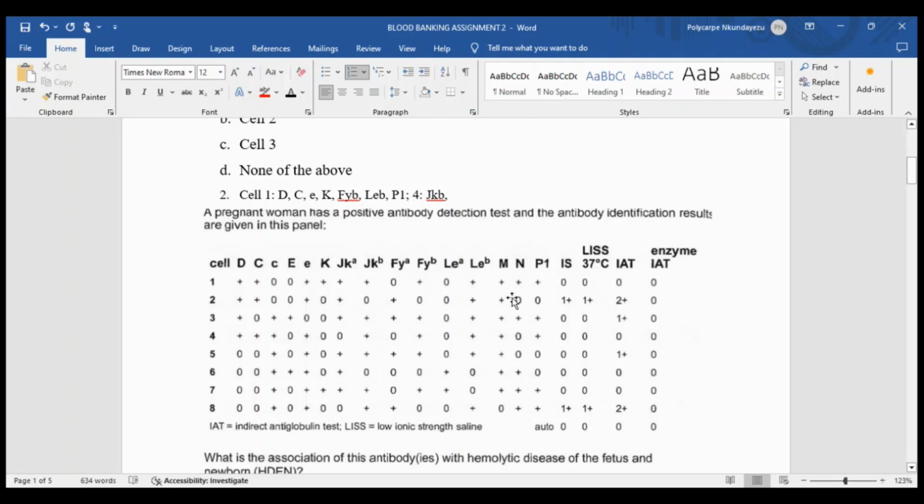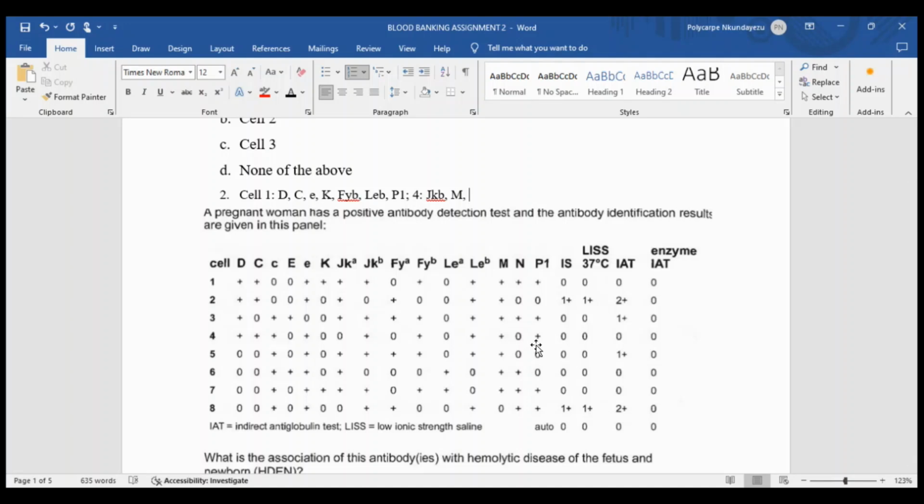M, now can it be excluded? Okay. On this cell, JKB can be excluded. So we have already excluded JKB and M. Okay. Then P1 has also been excluded already.